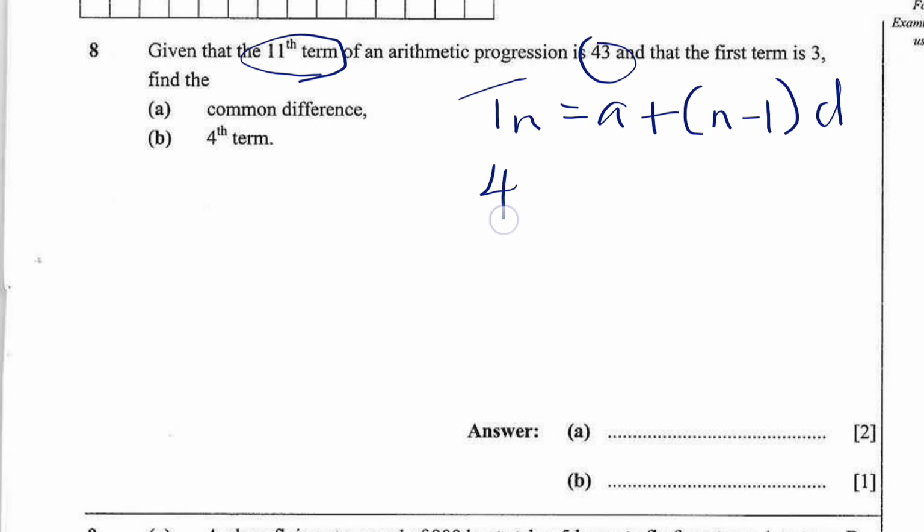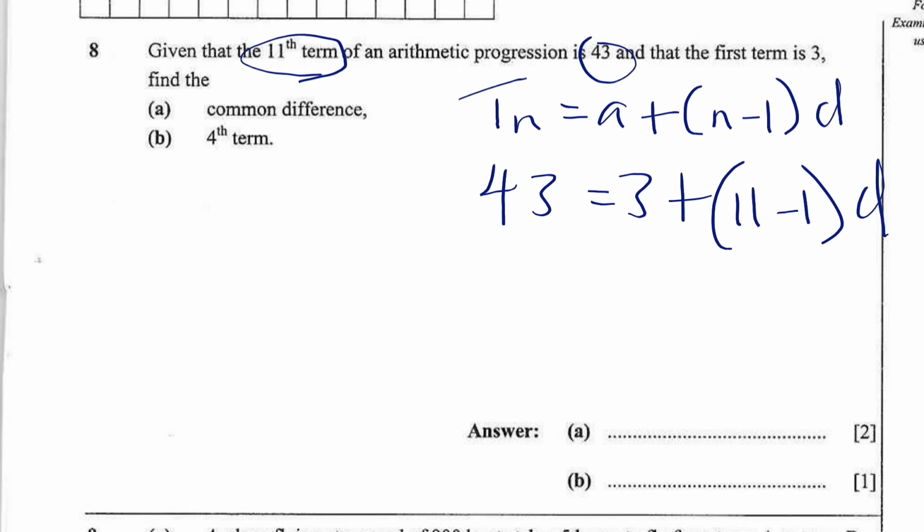So we're going to say 43 is equal to, what's the first term? The first term is given here as 3. a is the first term, plus open bracket n is 11, minus 1 close bracket d. So 43 is equal to 3 plus, 11 minus 1 is 10, times d, just 10d.